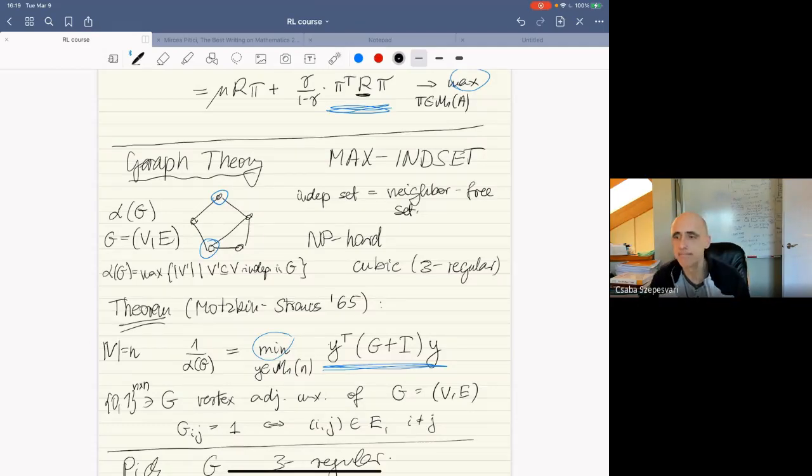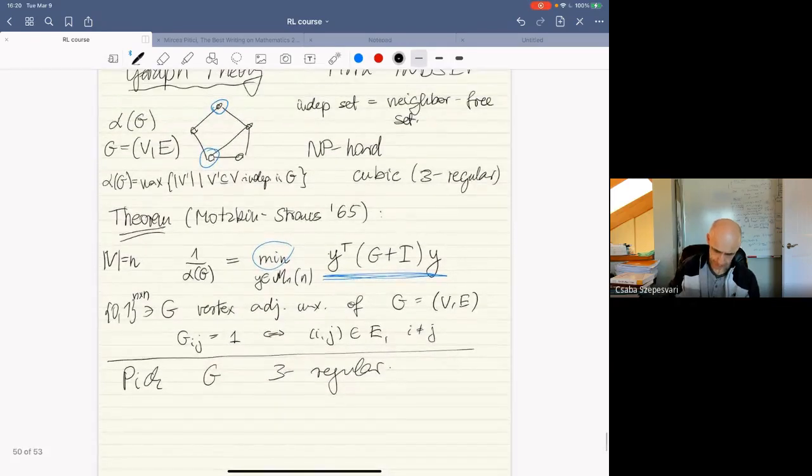How to choose R? Any wild guesses? Negative of I plus G. Okay, let's do that. So let's try R equal to negative of I plus G.